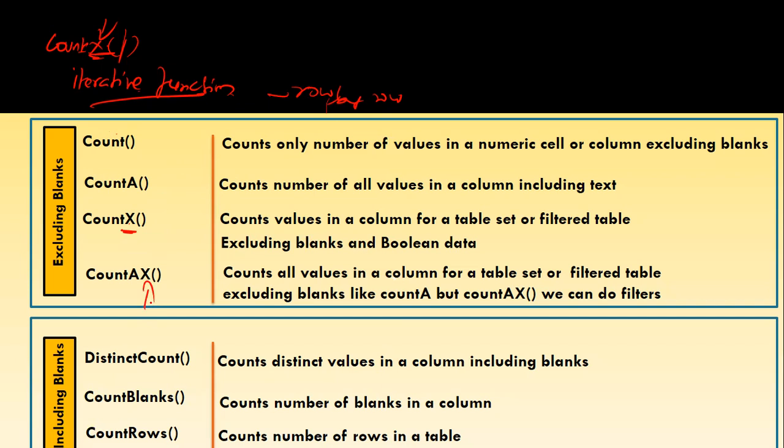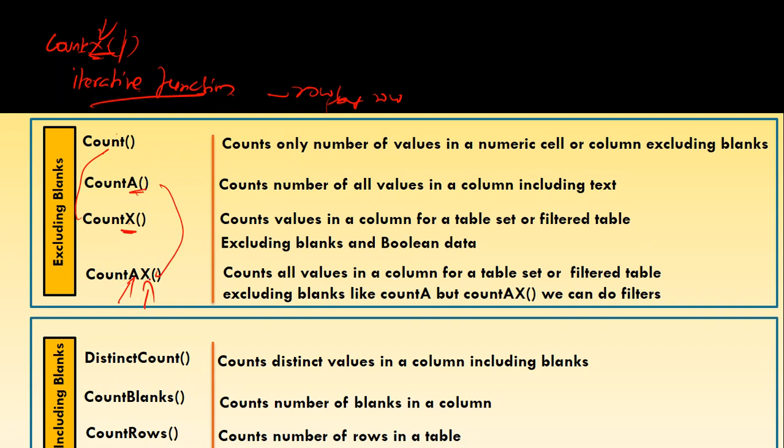Even this function ends with x, hence this one is also called an iterative function. But here there is an A. So like COUNTA and COUNTAX, you can think these two are somewhat similar. COUNTA also works with all data types, which includes the Boolean data type.